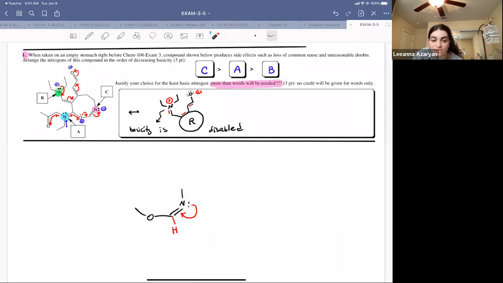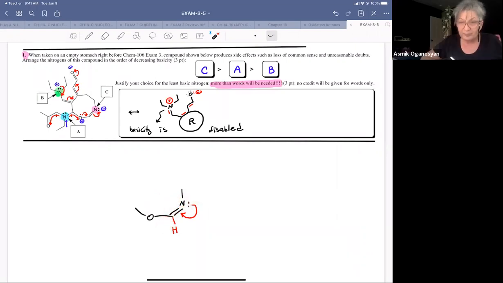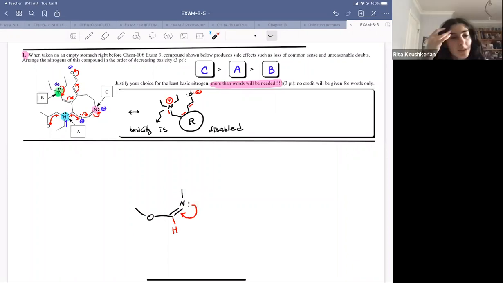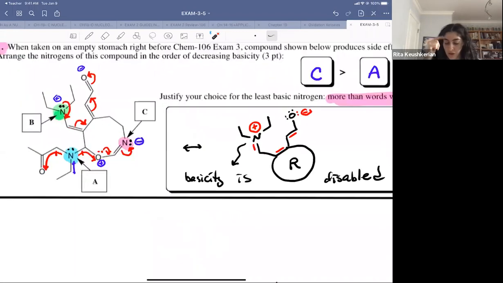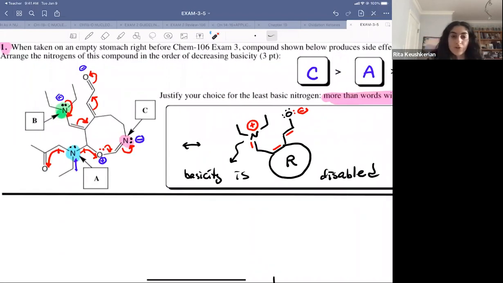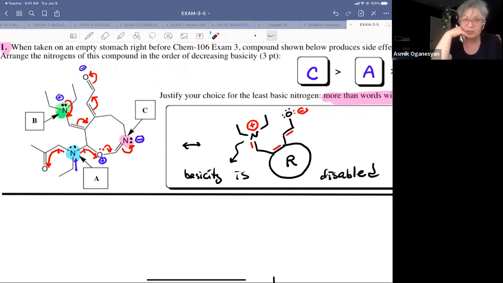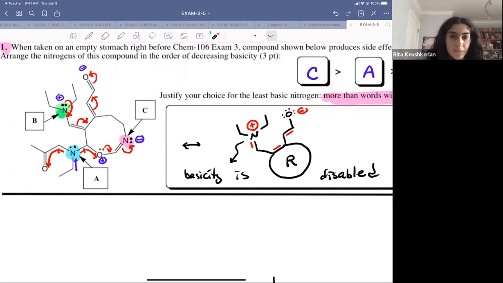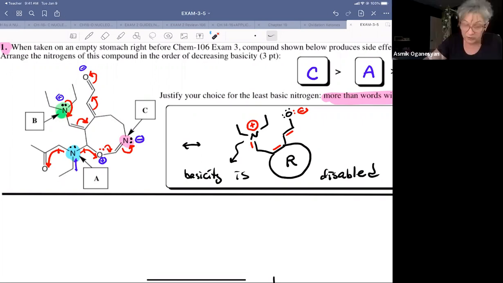Other questions? Just something to clarify: the reason that, let's say, in B we don't want a positive charge on the nitrogen, right? That would be more a factor of the disabling of basicity rather than the negative charge on the oxygen. Yeah, absolutely. Good question, Rita.